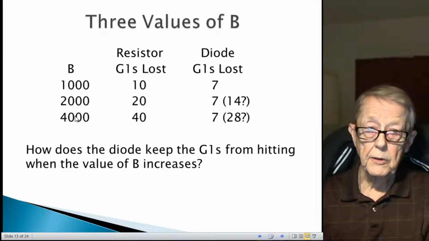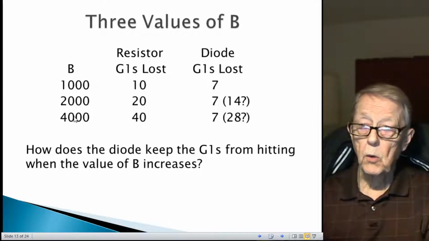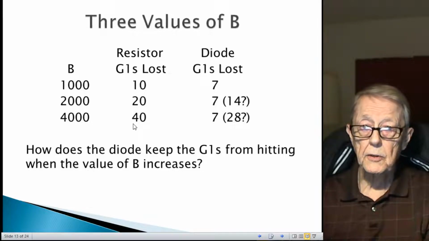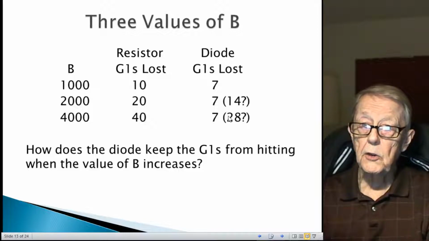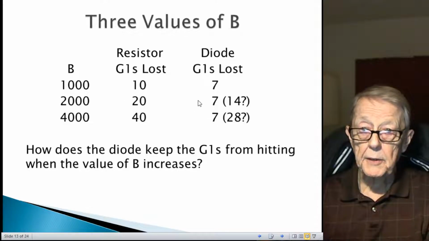When I reduce it again to a 2.25K resistor, 4,000 enter the resistor, and you get 40. That's the straight line function. You do the same thing for the diode. That's not what happens. No matter what, you lose 7. You would expect that when it doubles, you would lose 14.